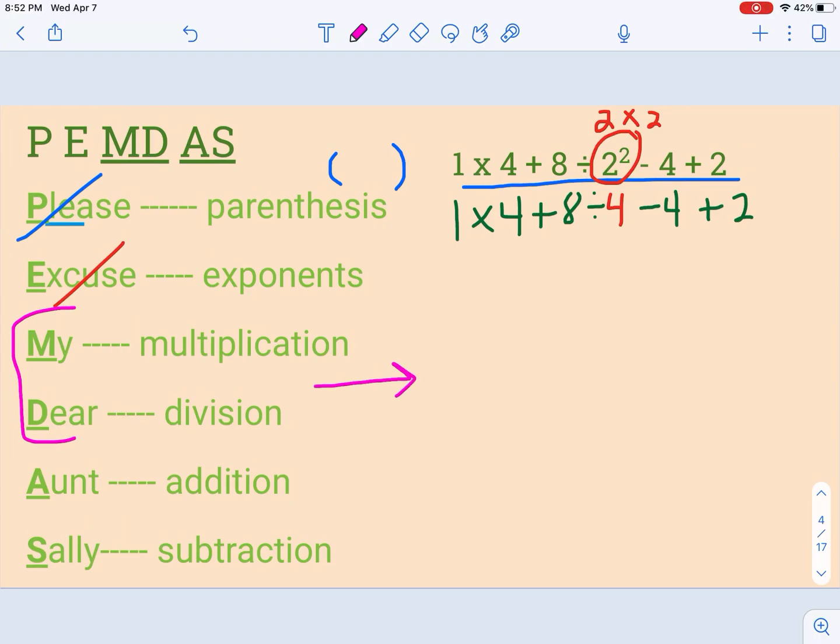So go like you read a book. We're going in order. So I see multiplication here. I see division here. So we're going to do the one that comes on the left first. Multiplication and division go together. So 1 times 4 is 4. And 8 divided by 4 is 2.